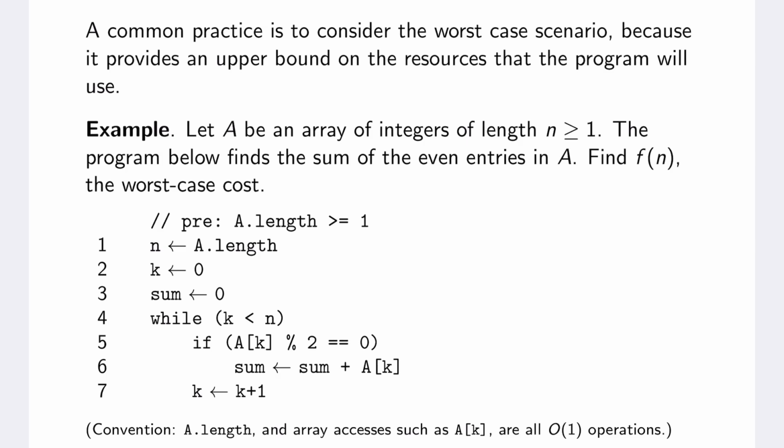Okay. So in this example, we have an array of integers a, and the program below finds the sum of the even entries in a. We're going to find the worst case cost of this algorithm.